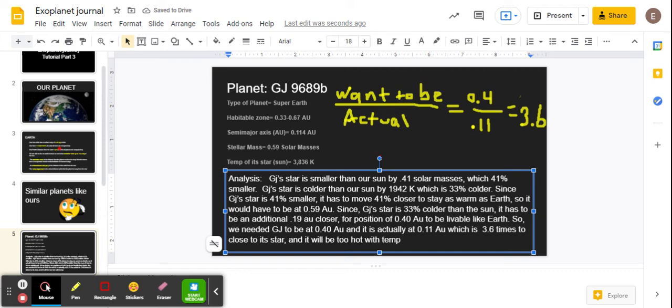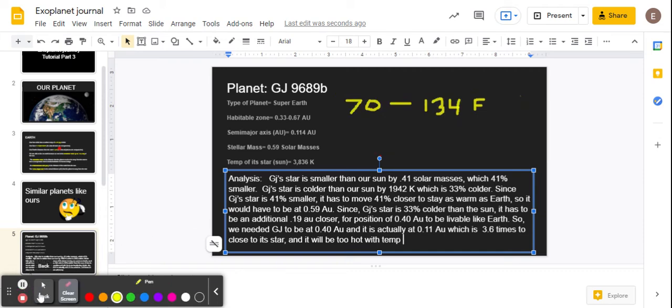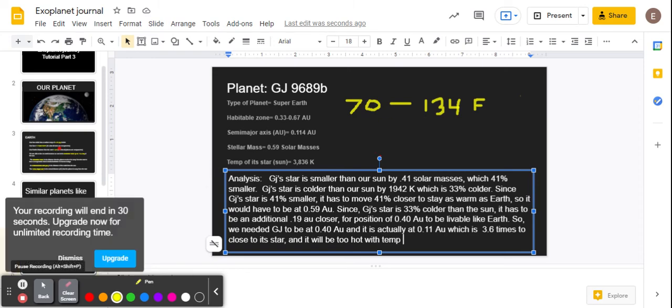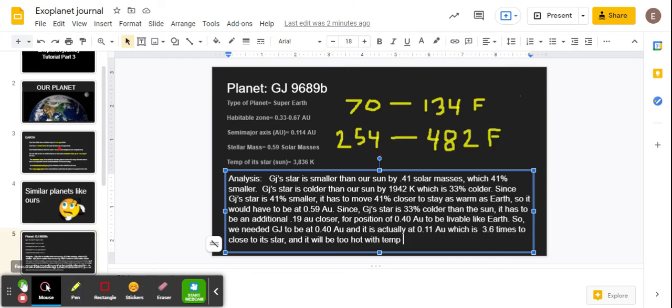We'd say a hot temperature on Earth would be an average mildly hot day, 70 degrees, and the absolute hottest temperature on Earth as of 2021 was 134 degrees Fahrenheit in Death Valley. So multiply each of those by 3.6 to get your estimated temperatures on this planet.